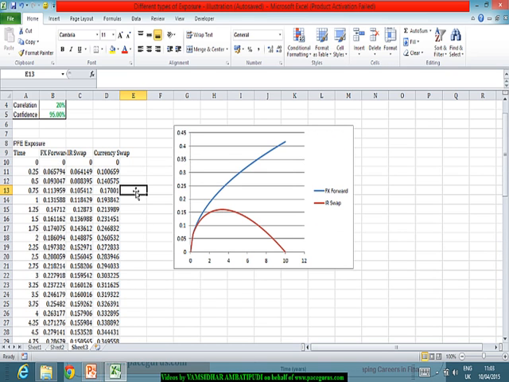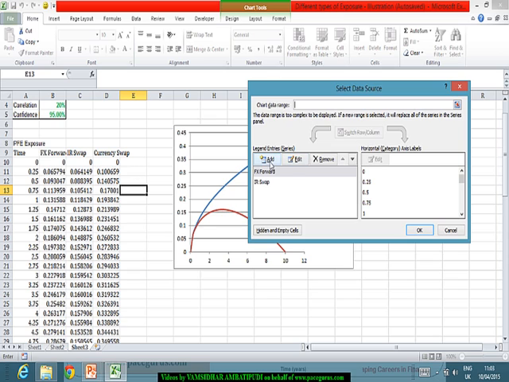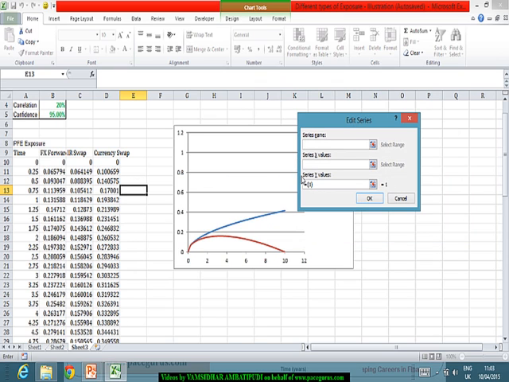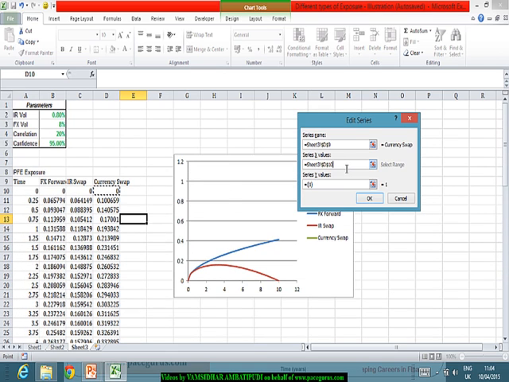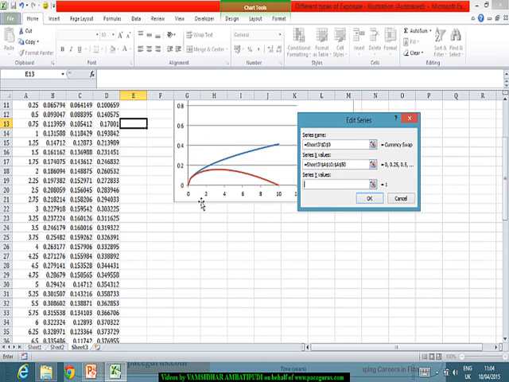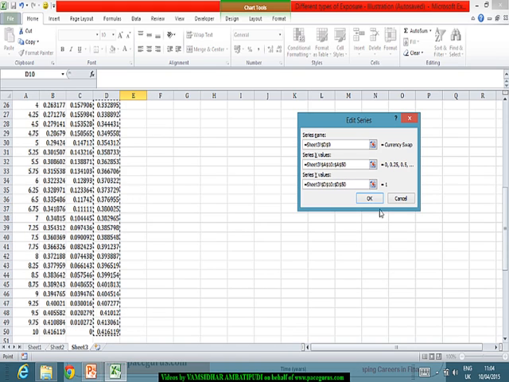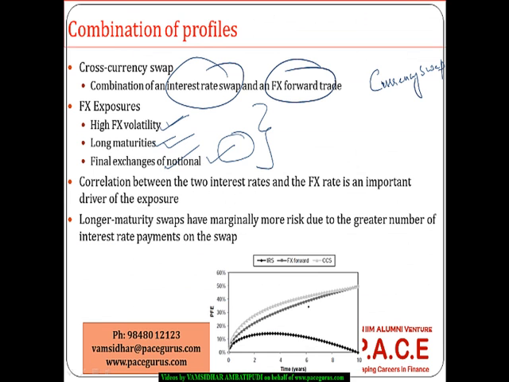Which means if I try plotting this particular element on the graph for a currency swap, taking my x to be somewhere in between this and my y values to be in between this, it is very much coming out that in case of a cross currency swap, I am looking at a behavior which is somewhere in between these two, and it is going higher and higher. And depending on the correlation, I could see a different kind of figure.